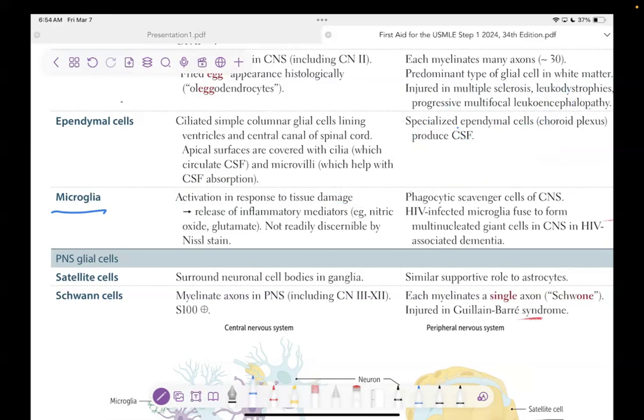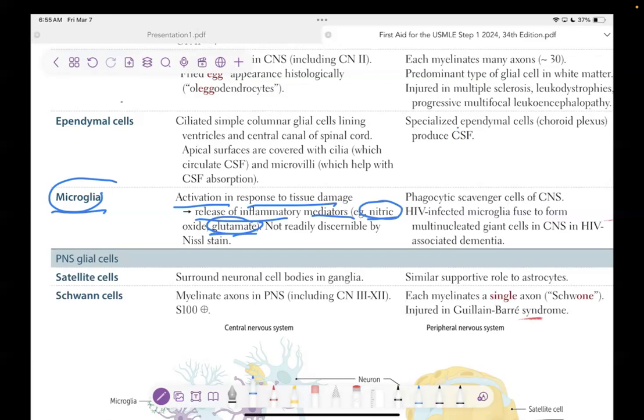Activation is when the microglia start to work in response to tissue damage. Release of inflammatory mediators like nitric oxide and glutamate. We know that glutamate is excitatory, and it causes action potential, and nitric oxide is a substance which causes vasodilation, right?